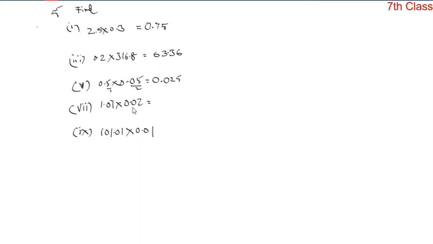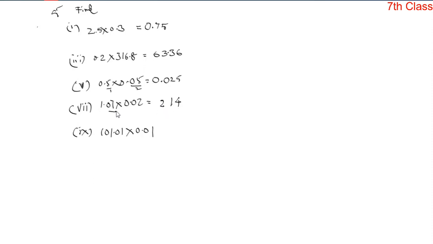So like that you count. 1.07 into 0.02. Ignore the decimal point. 107 into 2. 2 7s are 14. 1 is there. 2 0s are 0 plus 1, 1. 2 1s are 2. That means 214.